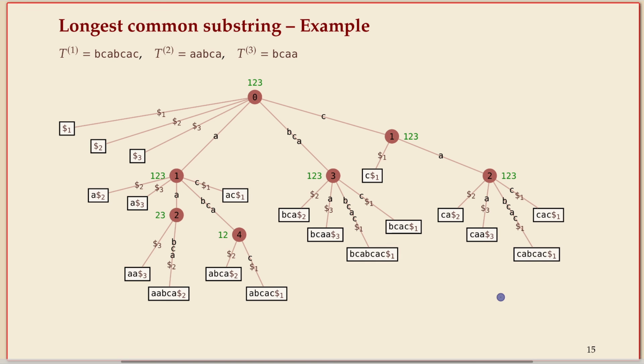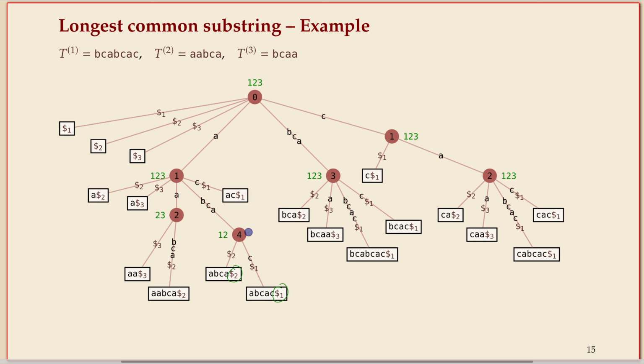And I guess you'll have to take my word for it that this is what comes out of it. And these green numbers here are sets of numbers, 1, 2, or 3, and there can be one missing. And you see how this is formed. You have a $2 here, so this is a leaf that corresponds to the second, respectively the first text.